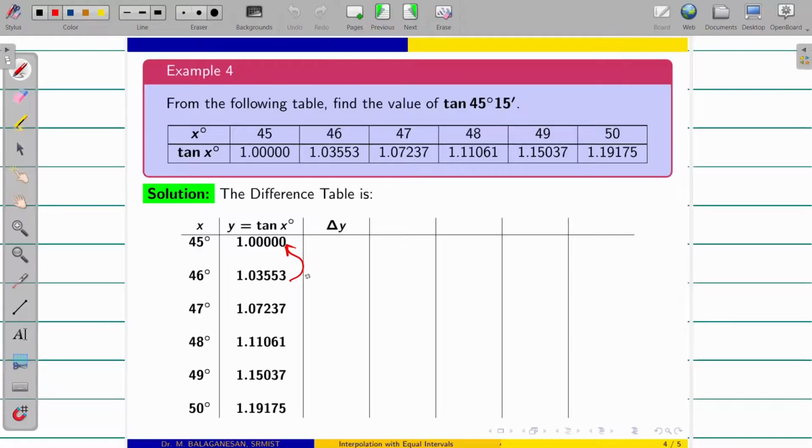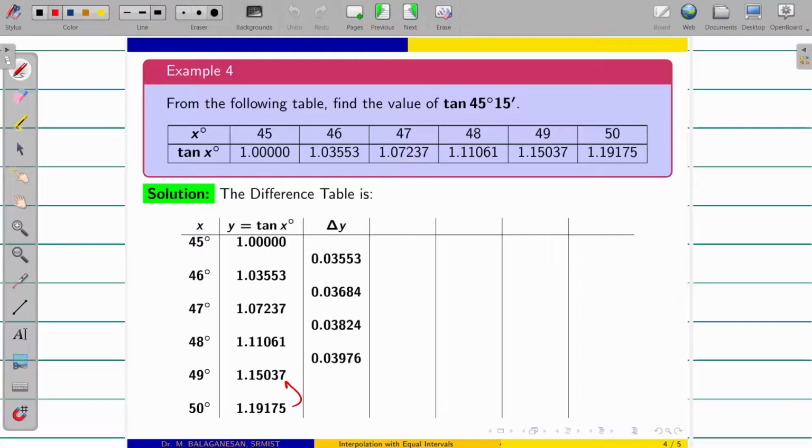Now the first difference we have to find. Everything will be a similar thing. Only one difference will be there; I will explain in the next slide. This minus this, we will get this value. Next, this minus this, we will get another value, and then 1.15037 minus 1.11061, we will get this.